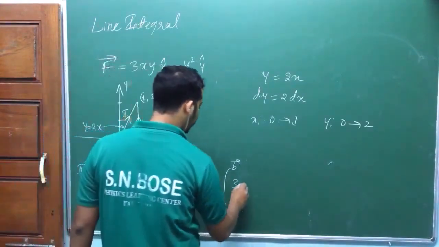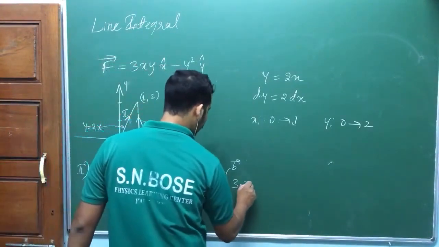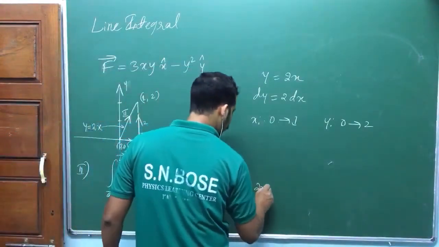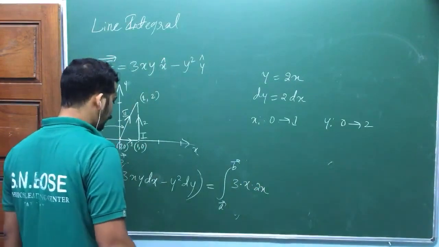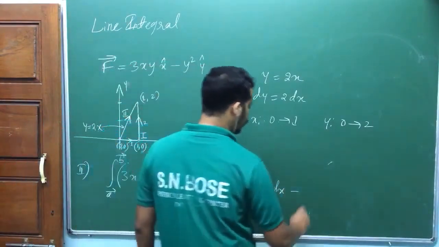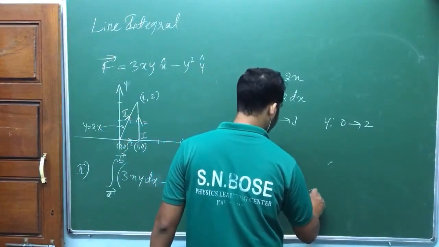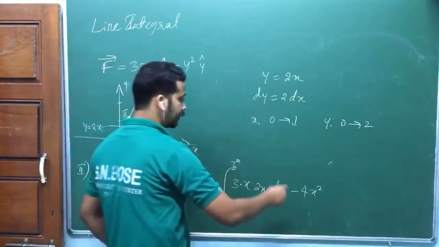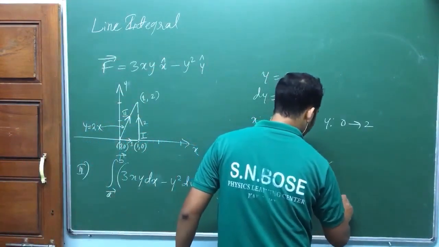Integral a to b, 3 into x into, let me put y equal to 2x again, into dx, minus y square. What is y square? 4x square into dy. What is dy? 2dx.